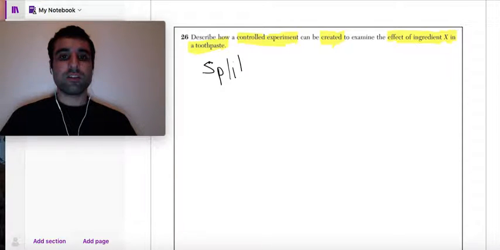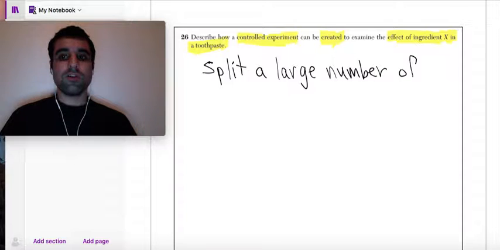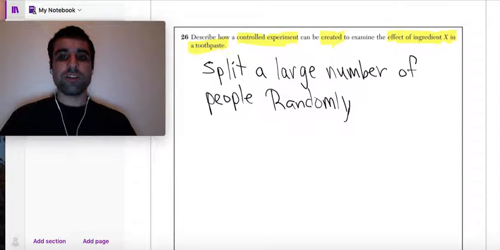So split a large number of people, and here's the important part, randomly, because if it's not random, that messes everything up. Randomly into 2 equal size groups.